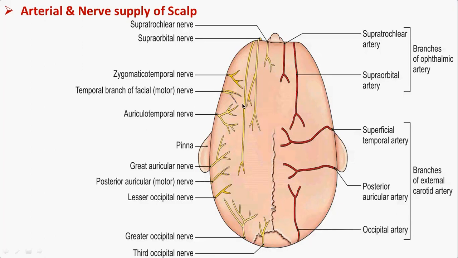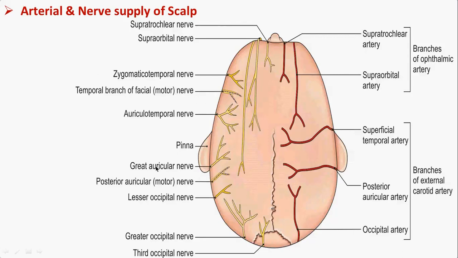Now we will see the nerve supply in front of the ear and behind the ear. In front of the ear, 4 sensory and 1 motor. Same behind the ear, 4 sensory and 1 motor. From here, this is the supratrochlear nerve, supraorbital nerve, zygomaticotemporal nerve, auriculotemporal nerve, and the temporal branch of the facial nerve, that is the motor.